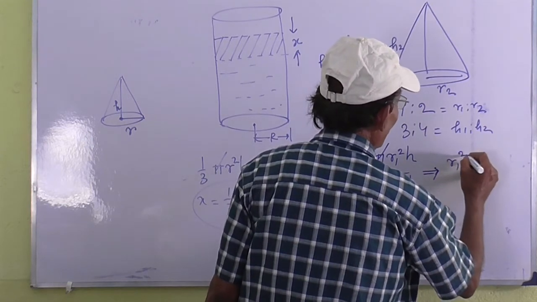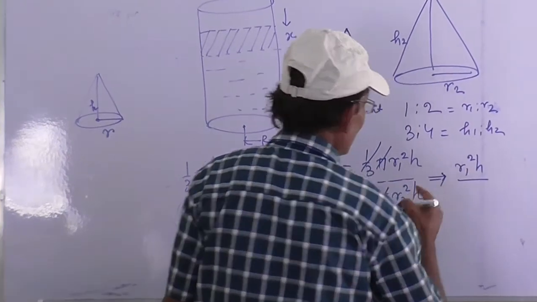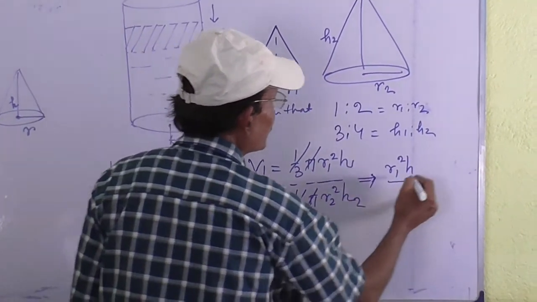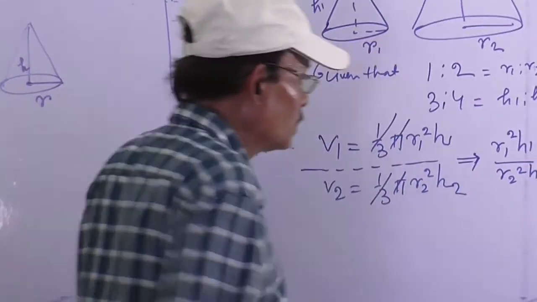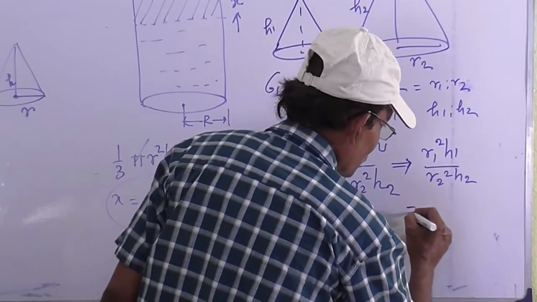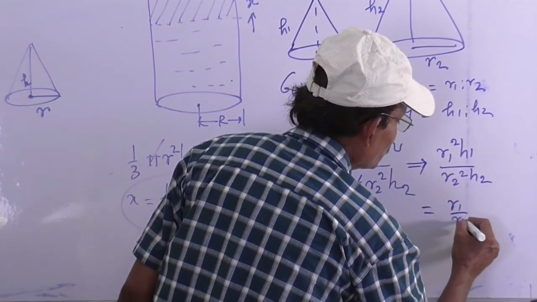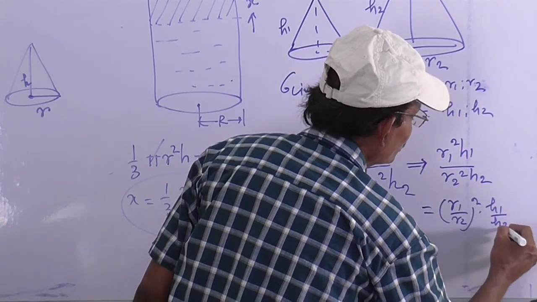So, we have r 1 by r 2 whole square into h 1 by h 2.